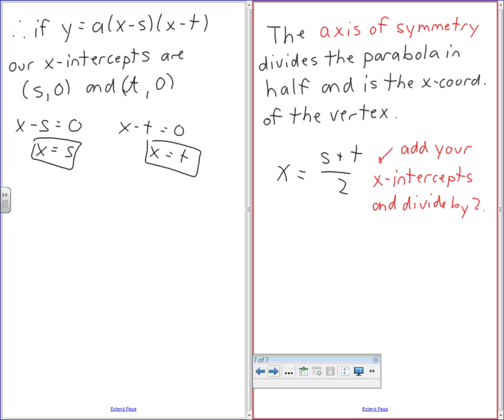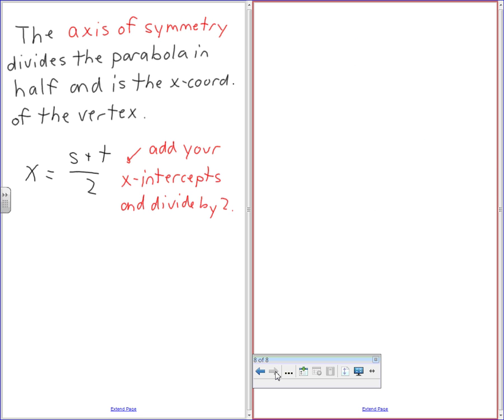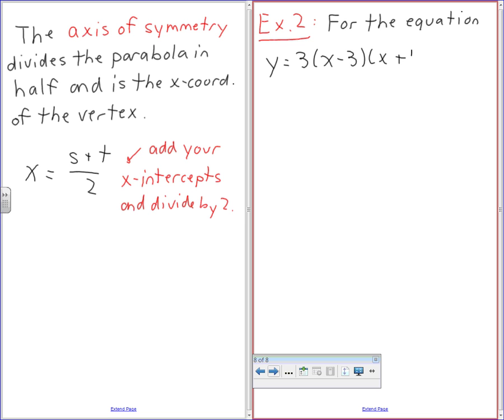So example 2 says, we're going to say for the equation y equals 3, bracket x minus 3, bracket x plus 1.